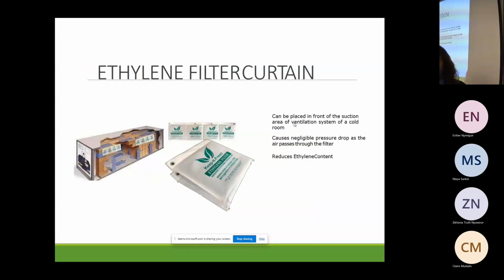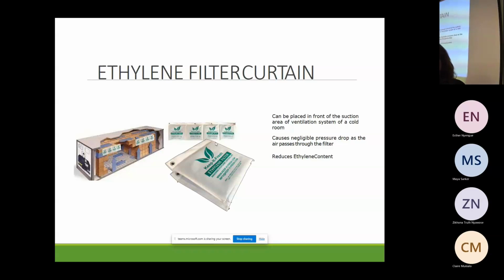And then we also have got one called ethylene filter curtains. These are all boxes that contain produce, and the curtains are just hung in front of the product, so that they can be trapping the ethylene that is in the air, or ethylene that is being released by the fruits.